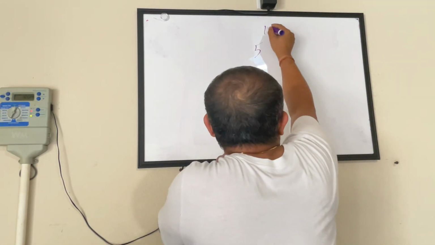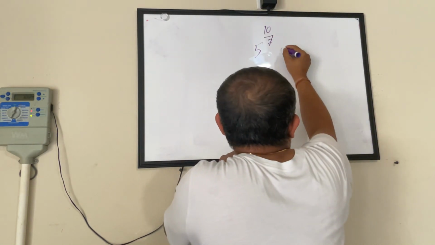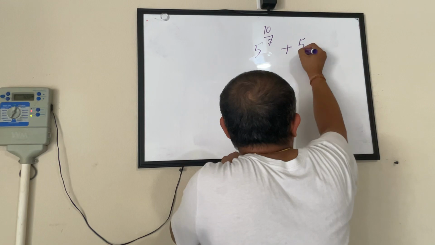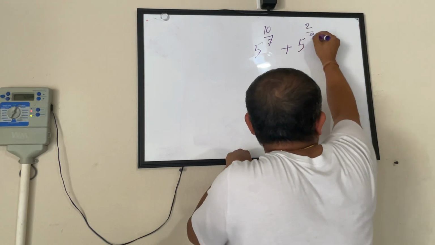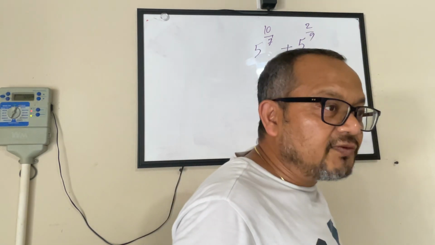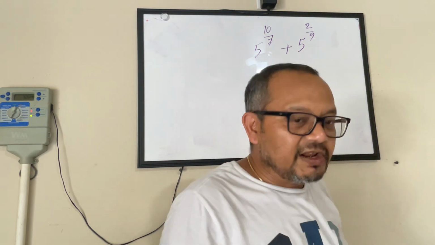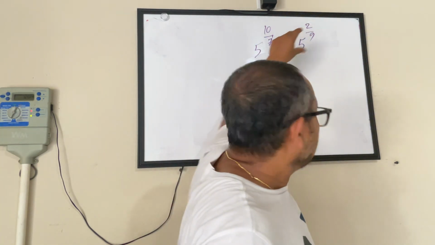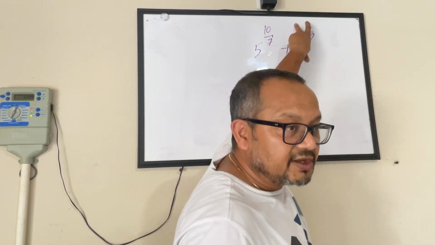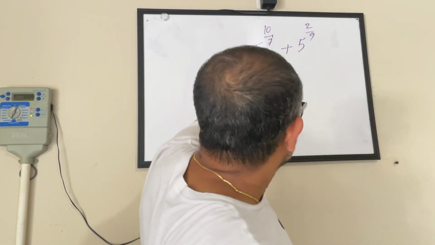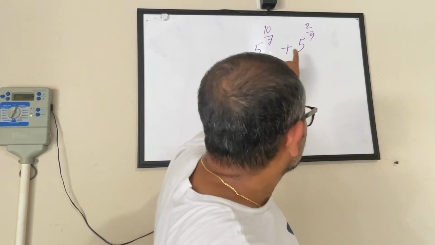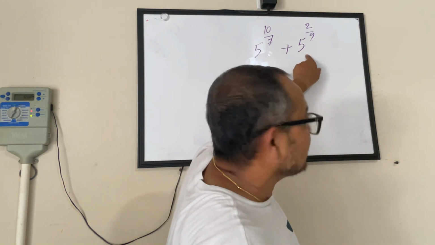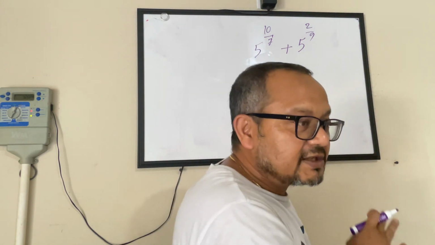5 to the power 10 by 7 plus 5 to the power 2 by 9. Now if you come back to this one with whatever we have done, we know 10 by 7 is bigger than 2 by 9. So this number is bigger than this number. What we are trying to do is break this into two parts so that one part is equal to this, so that we can take that out as a common thing.